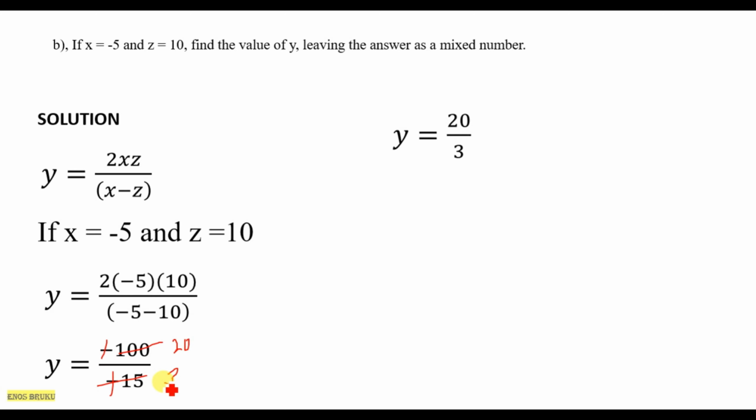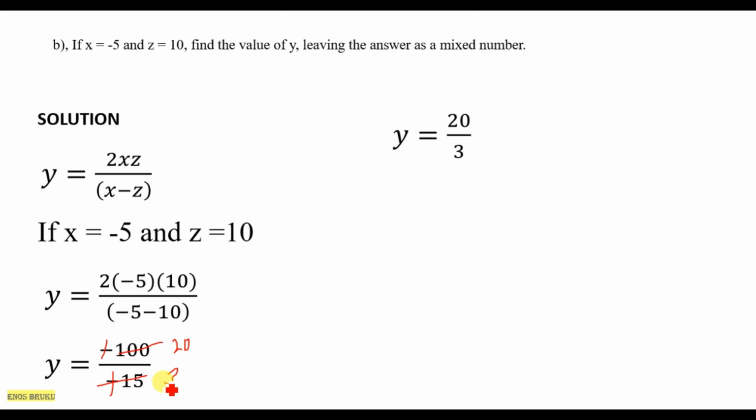But the question is saying we should leave our answer in mixed number form, a mixed fraction. All right, so what you've been doing all your life, it's time to put it to work.